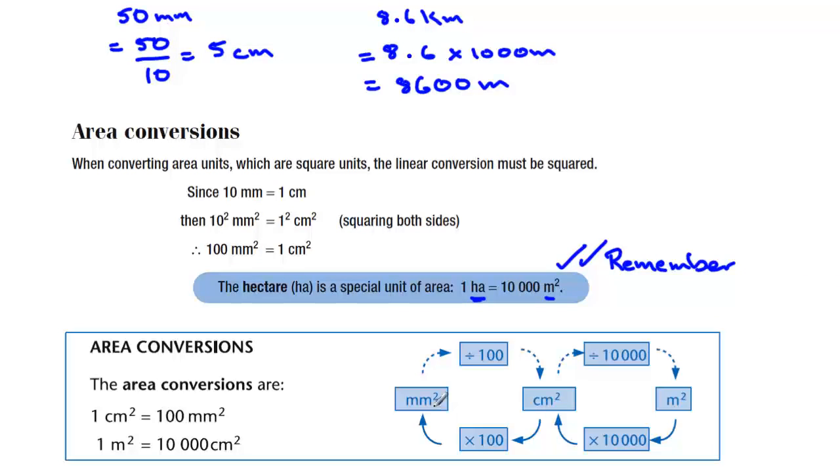And here's a diagram that helps you work these out. Now, I'll let you look at this in your study booklets a little bit longer. So if you want to pause and have a look through this, you can. But I'm going to continue in a moment with showing you how to do these conversions quite simply, even if you don't have this diagram, as long as you remember your linear measurements.